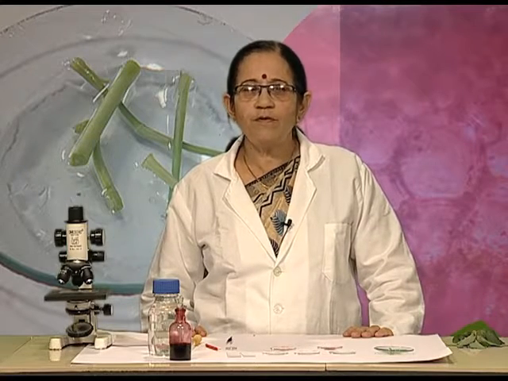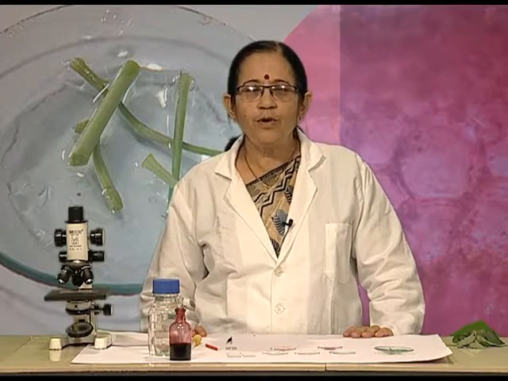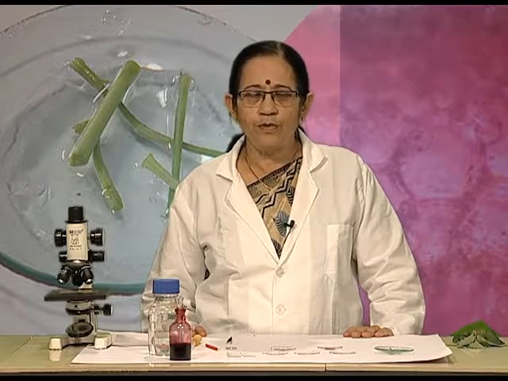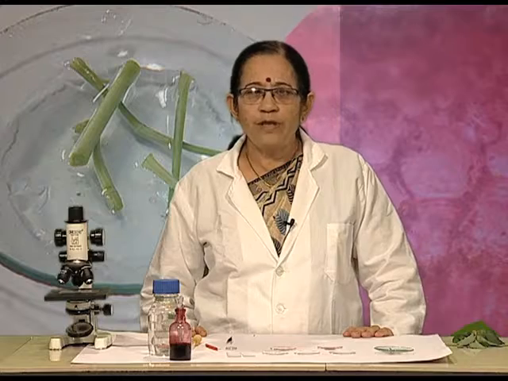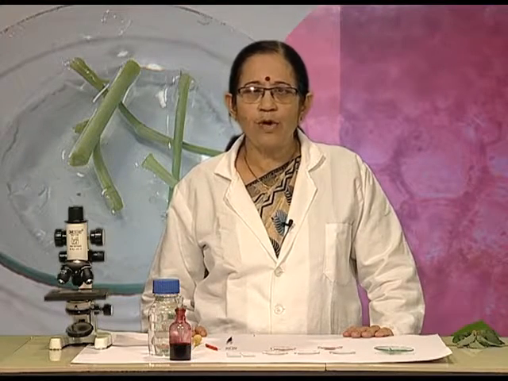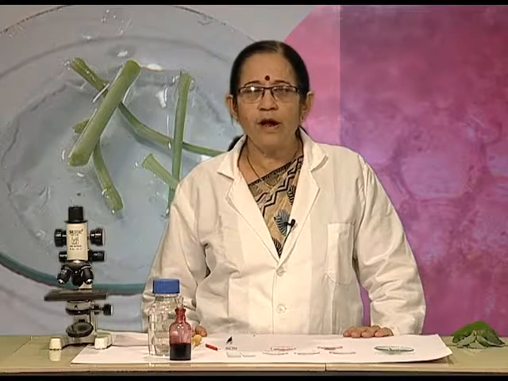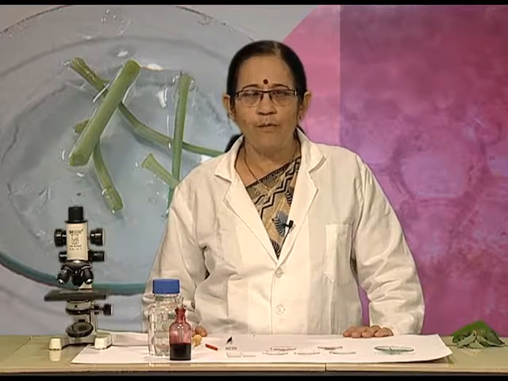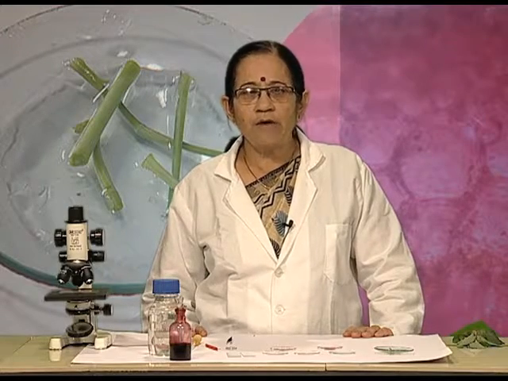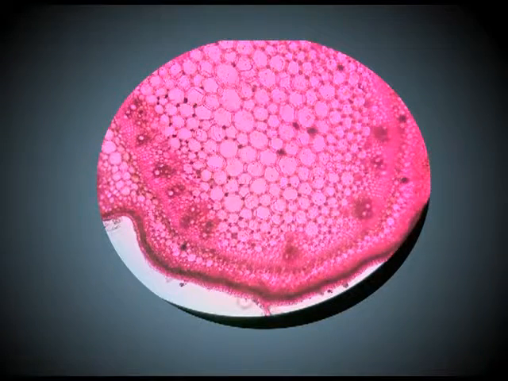On the basis of some characteristics, you can compare these two types of tissues. Number 1, whether the cell wall is thick or thin. Number 2, whether they are loosely arranged or compactly arranged. Number 3, whether they have a large lumen or a narrow lumen.